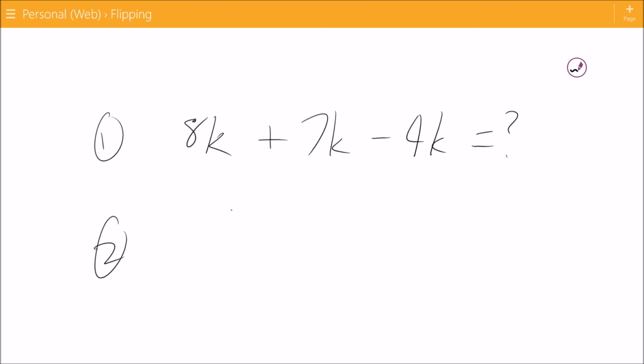Let's say you've got 3x times the quantity 5x minus 2. Okay, test those out, see what you get so that you can compare those with your classmates and talk about them and all that fun stuff.